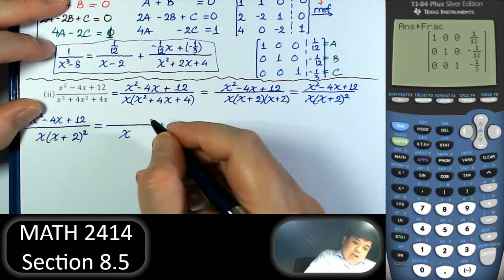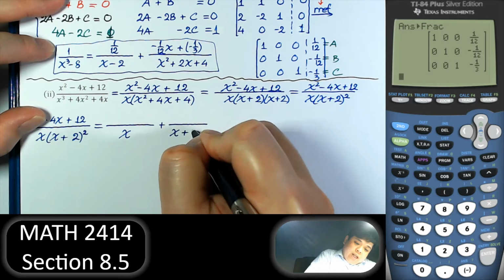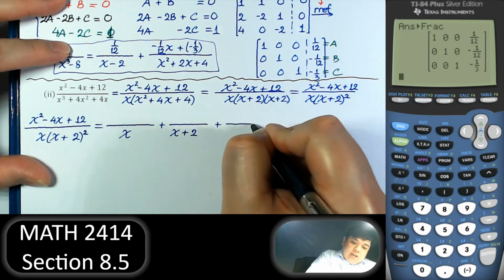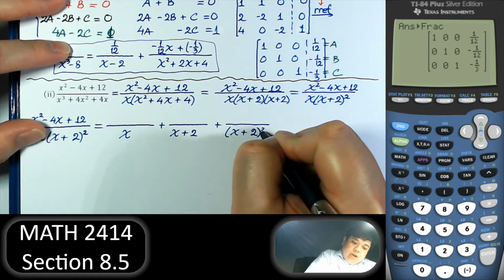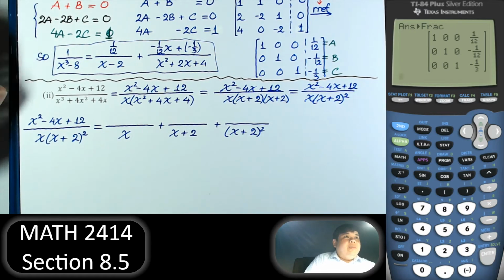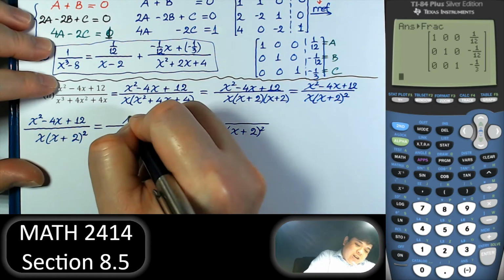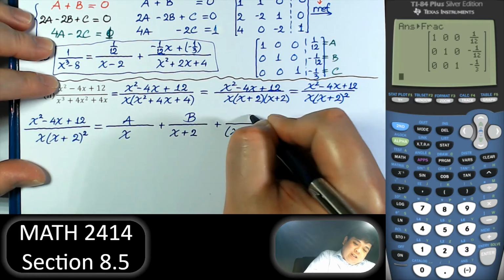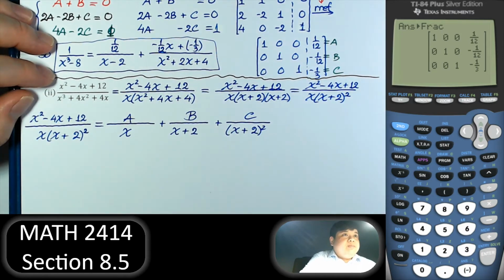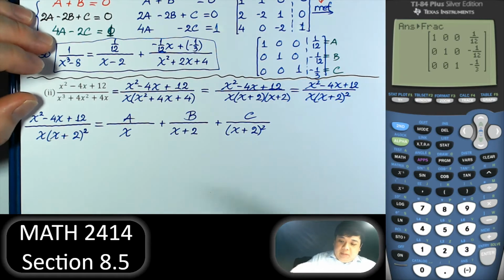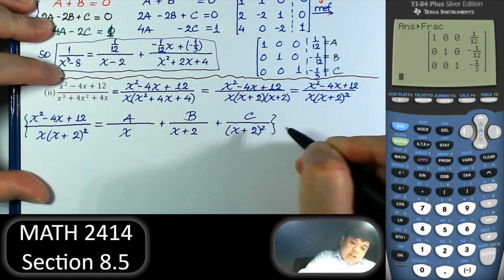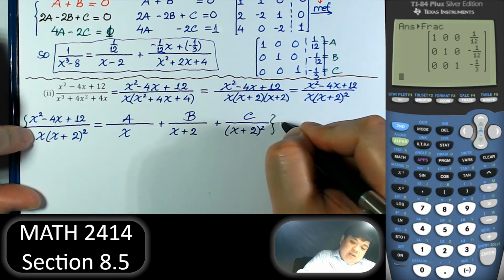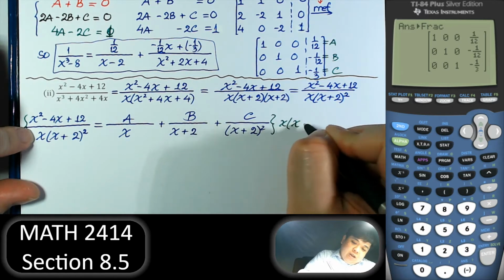A factor of x plus 2. There's actually two factors of that. So we need 1, 2. Right, the top though, constant, not constant. Right, we'll multiply both sides by the common denominator, this common denominator of x times x plus 2 squared.